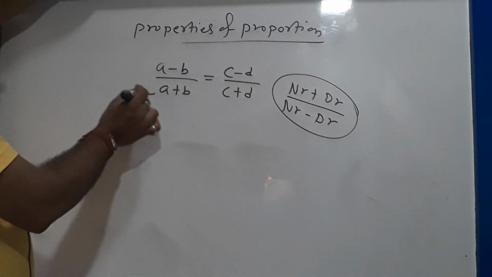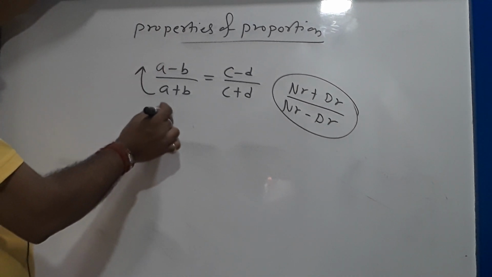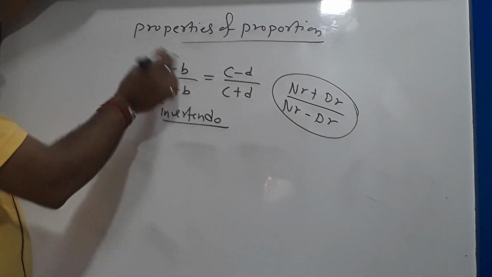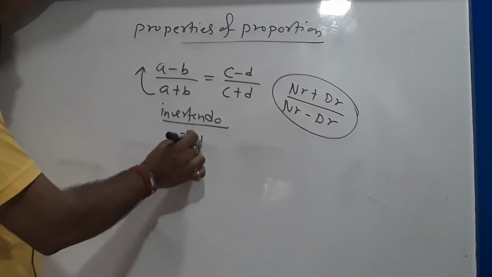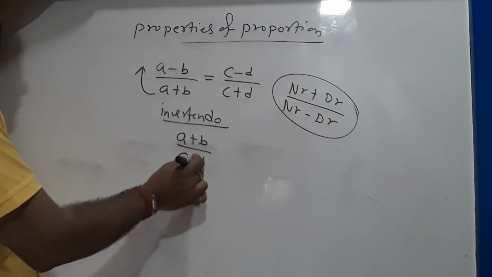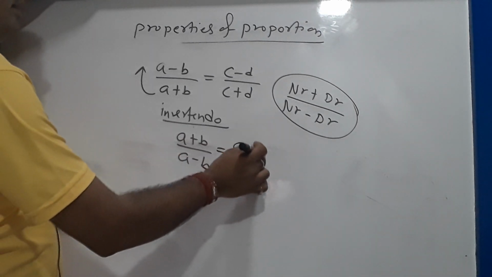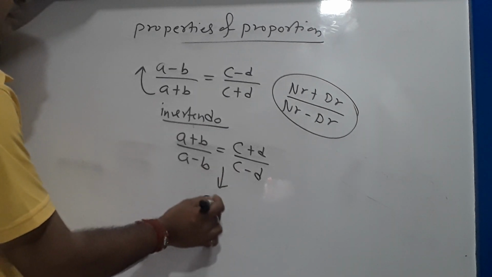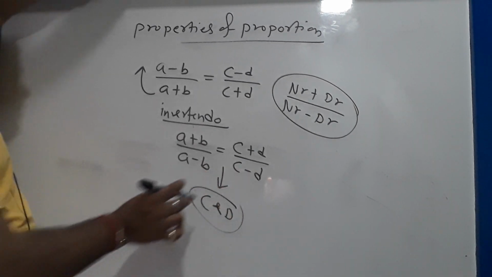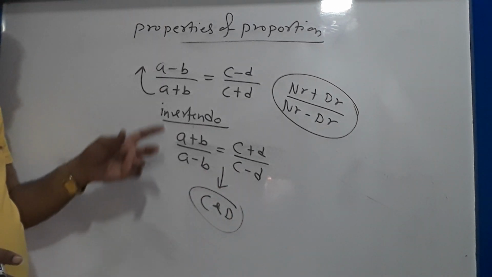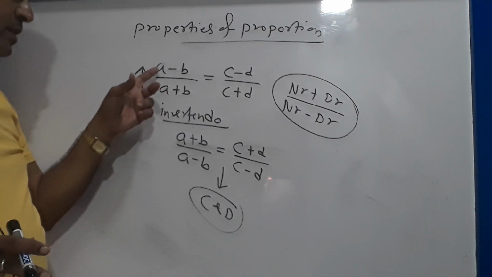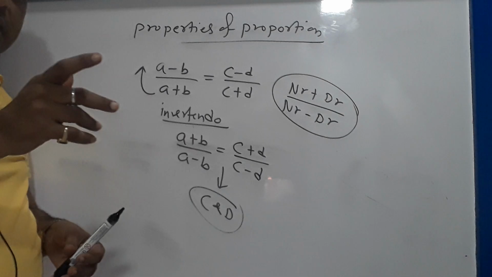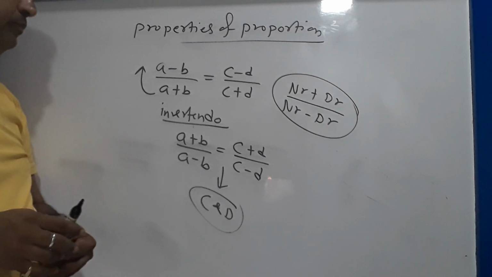So what do we do? By using invertendo, I can invert the ratio: A plus B upon A minus B is equal to C plus D upon C minus D. And then after this we apply the componendo dividendo rule. So whenever in the question you are given plus part in the denominator and minus part in the numerator, first you apply invertendo.